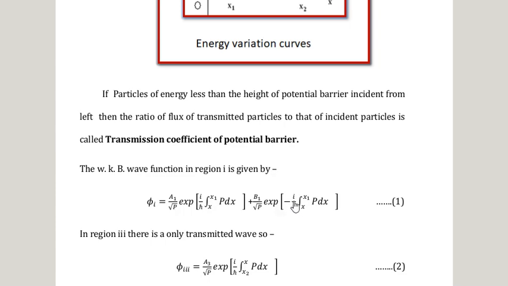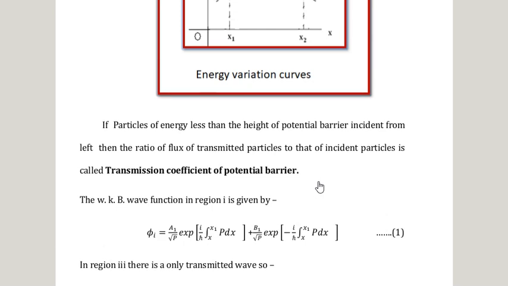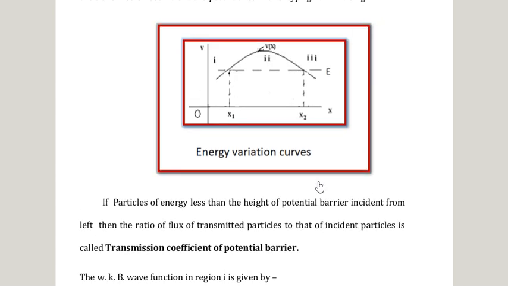If a beam of particles travels from the left of the barrier at the classical turning point x equal to x1, then the particles will be incident and partially reflected. But in the second region, the transmitted particle is again incident at x equal to x2, so it is partially reflected and partially transmitted.